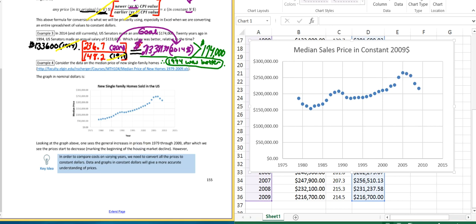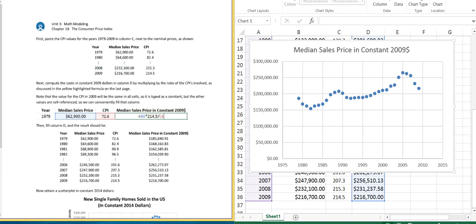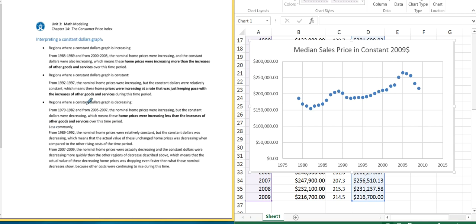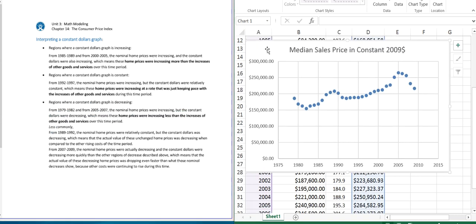So let's analyze this graph and talk about some of the features that you'll need to look for when you're analyzing these graphs. All right, so that's what we just did here. Next page. Here we go. So these are the observations that I want you to make. We still have our graph over here on the right-hand side, so you can keep that in mind as we're looking here.